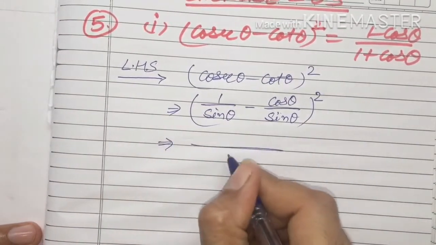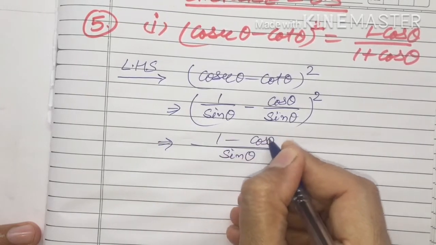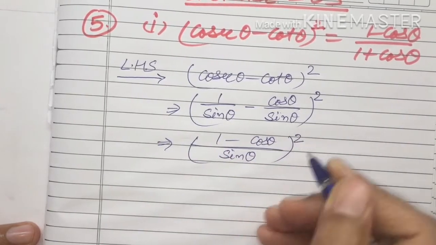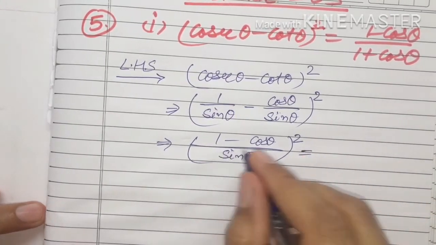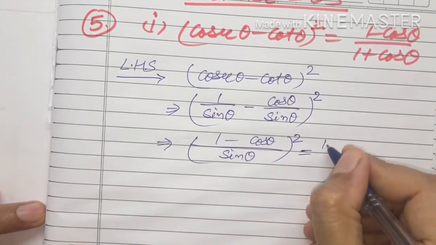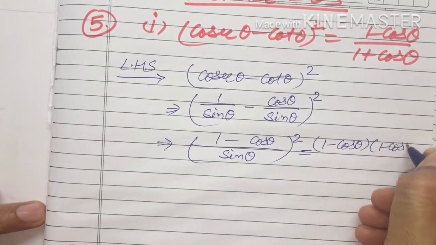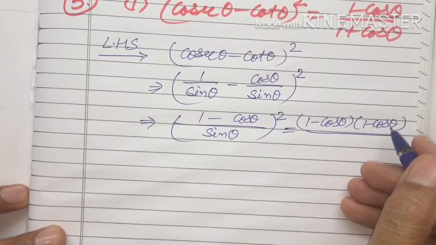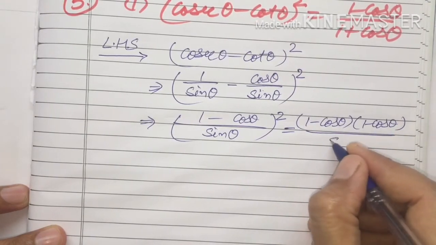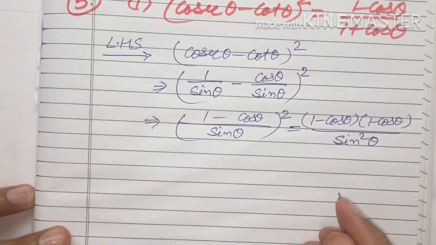So in the bracket, sine is there in the denominator, and 1 minus cos theta, and whole square of that. So (1 minus cos theta) square is there. Square means we are multiplying 1 minus cos theta 2 times. So 1 minus cos theta and 1 minus cos theta I can write, and in the denominator sine square theta is there.